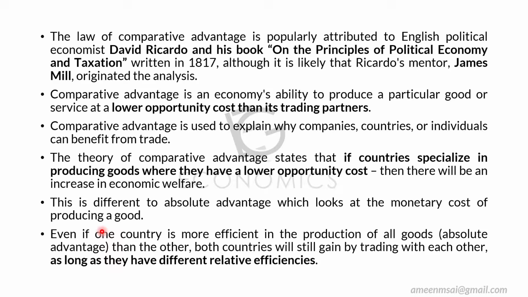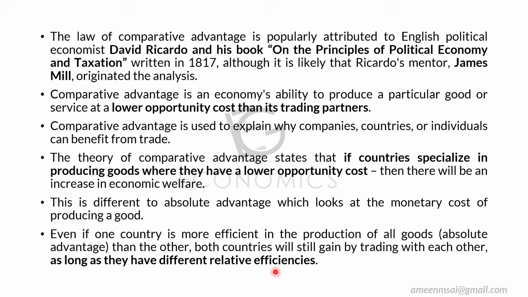They look at the expense of producing a good, and by considering that expense, they determine whether there is an absolute cost advantage or no advantage. Even if one country is more efficient in the production of all goods than the other, both countries will still gain by trading with each other as long as they have different relative efficiencies.